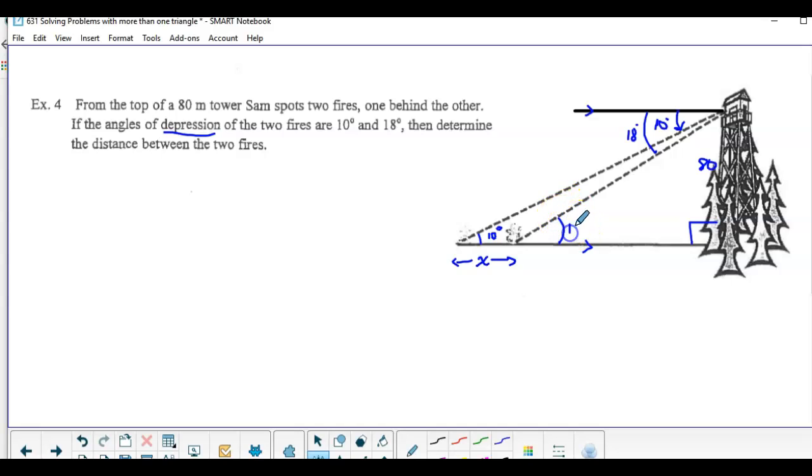They form a Z when you draw them. So if I go across and down and across, it's a Z, and that 10 has to equal this 10. Actually, they're not corresponding angles, they're alternate interior angles. Alternate angles form a Z, corresponding angles form an F. In any case, they're equal.